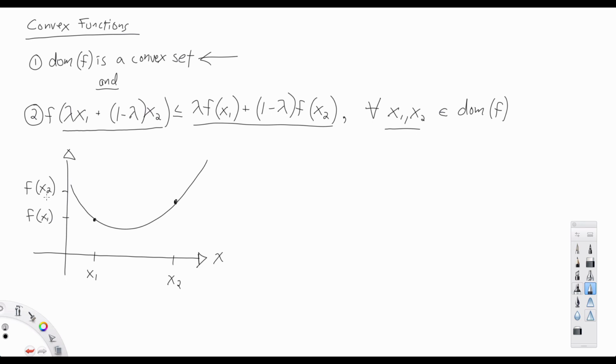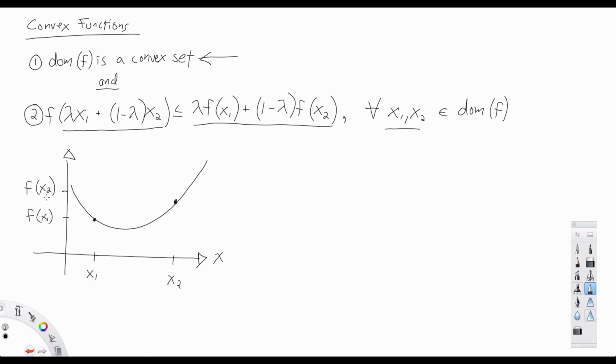To make this visualization easy, let's start with a univariate case, where f is a function of a single scalar variable x. Here I've defined a continuous function, f of x, this curve, and then 2 points in the domain of f of x, x1 and x2.